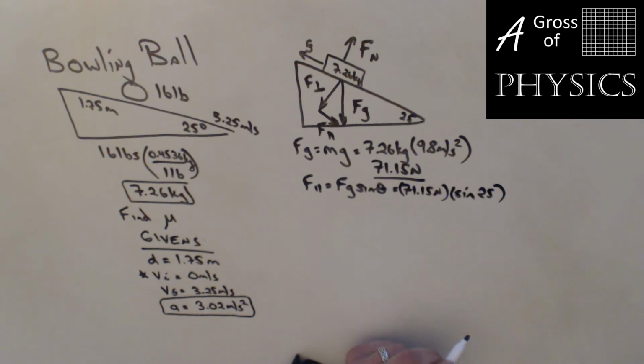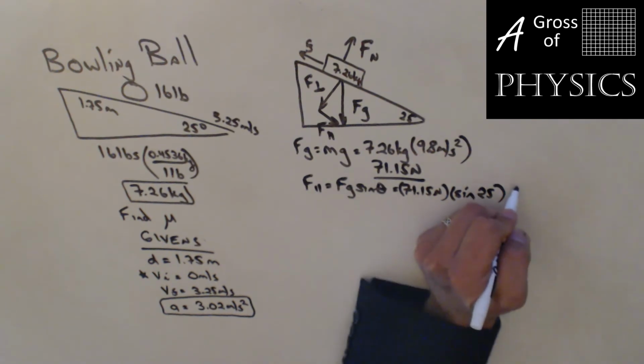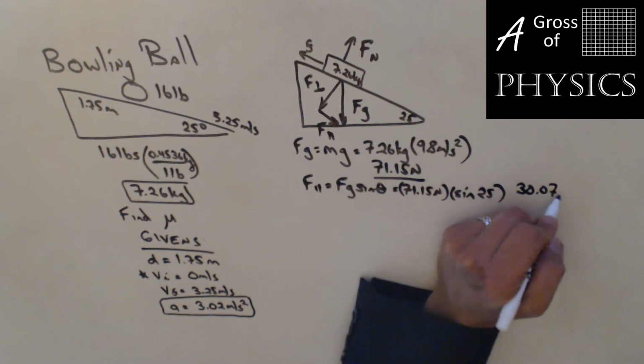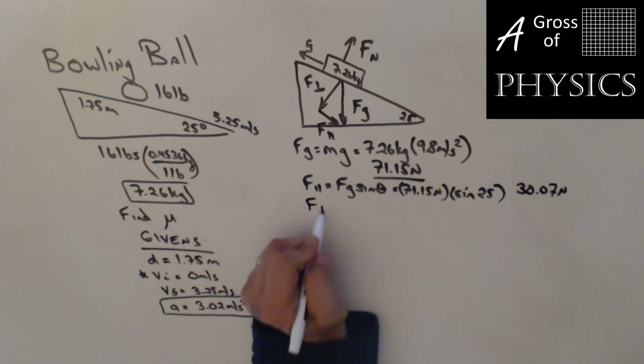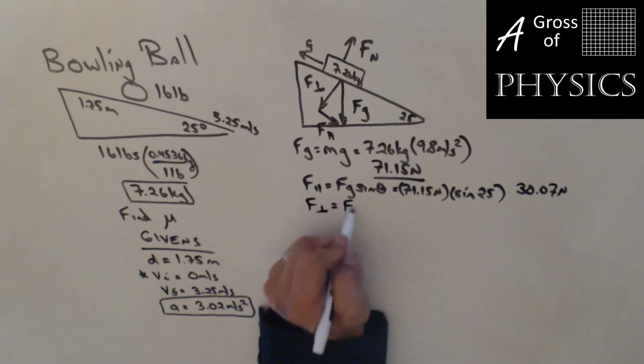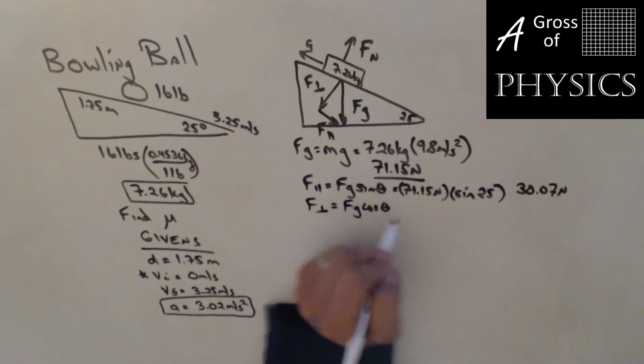So since it's already in my calculator, times sine 25, and I get 30.07 newtons. For F perpendicular, I use Fg cos theta.